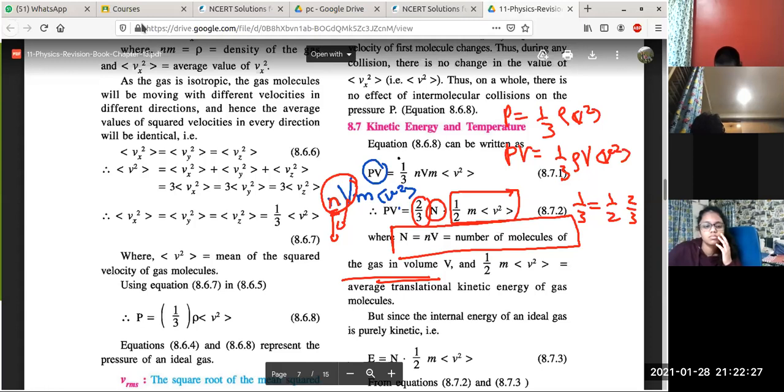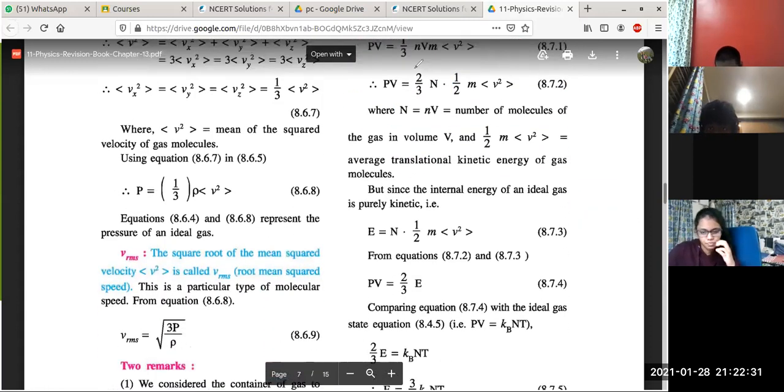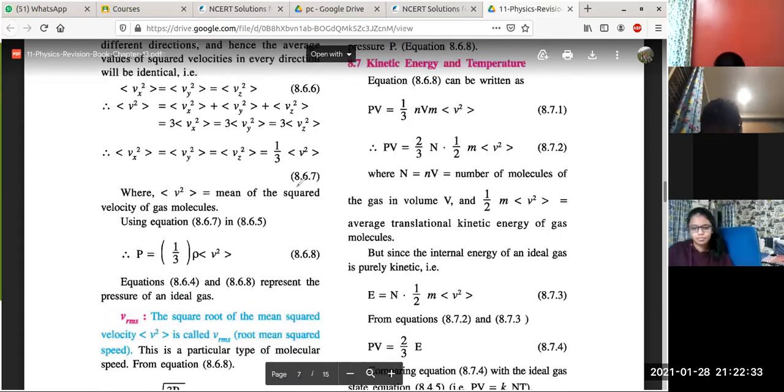See the PV. It's purely kinetic. So the kinetic energy is n into half mv squared. Half mv squared is the energy of one molecule, and n is the number of molecules.